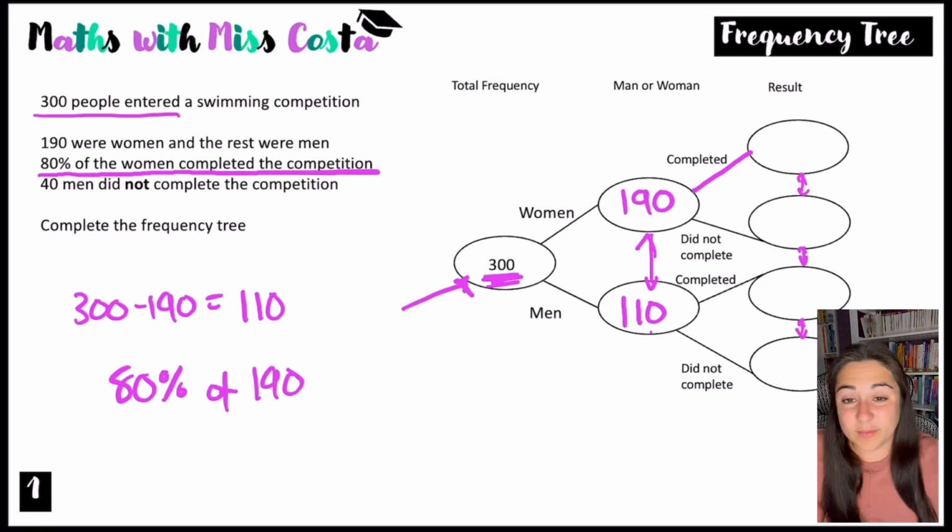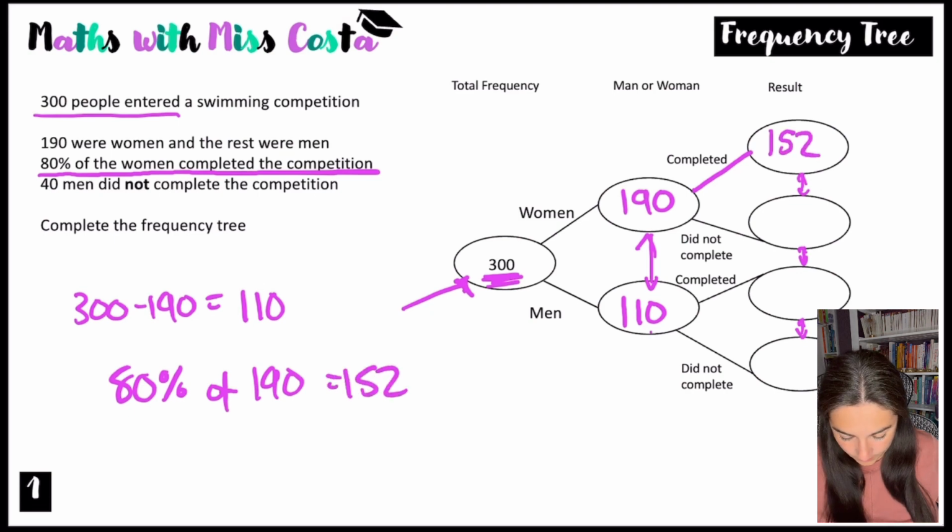So 190 times 0.8, or you do whichever way works best for you. As it's a calculator paper, the multiply method is great. So 152 women completed the competition, which must mean that 190 take away 152 is 38. 38 did not complete the competition.